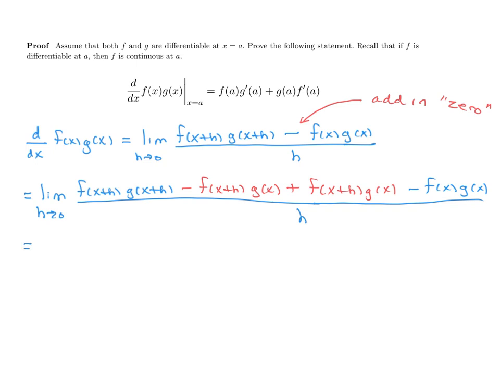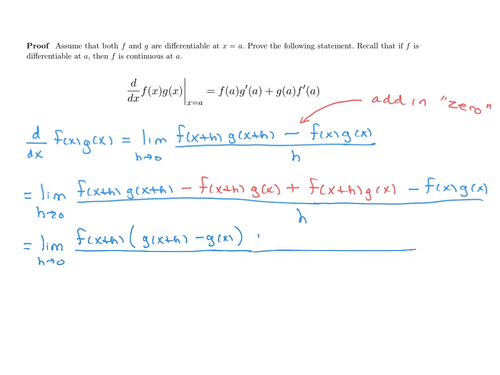This is the limit as h goes to 0 of, I'll factor out the f of x plus h, and what's left over? g of x plus h minus g of x. And at the same time, in the second two terms, I'll factor out the g of x, and what's left over is f of x plus h minus f of x.